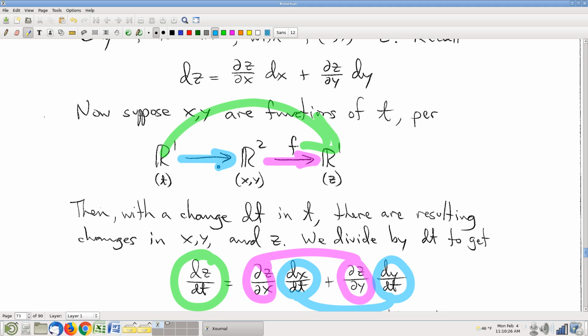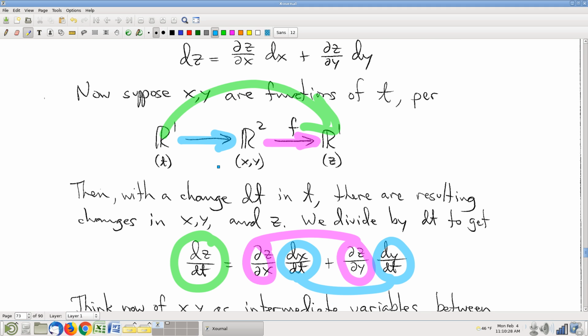So this formula is one step away from the linear approximation formula we already knew. With this formula, I have a connection between the derivative of a composition and the derivatives of the component functions. So from that point of view, this is our first version of the chain rule.